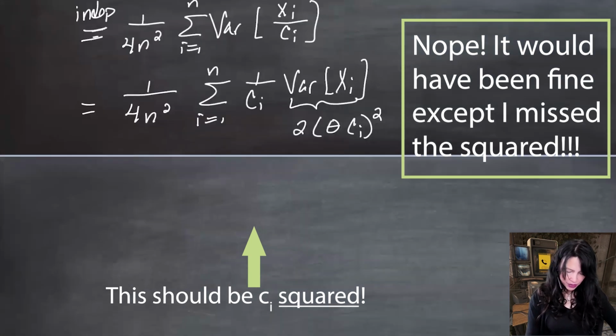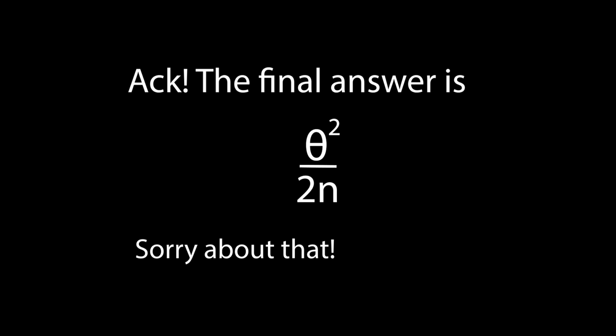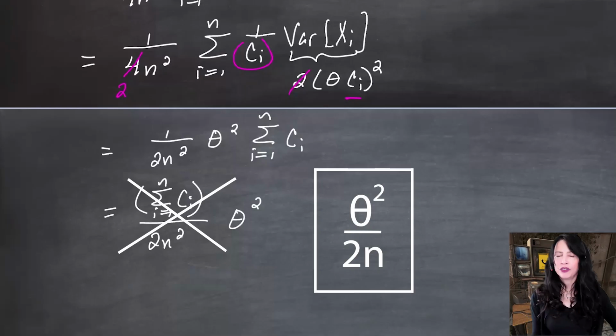So if we cancel this and part of this and move things around, we're going to get 1 over 2n squared, a theta squared that can come out. Okay, so there's the variance.